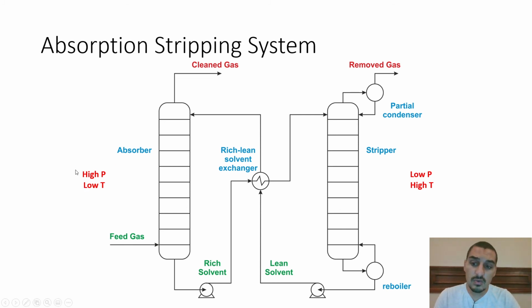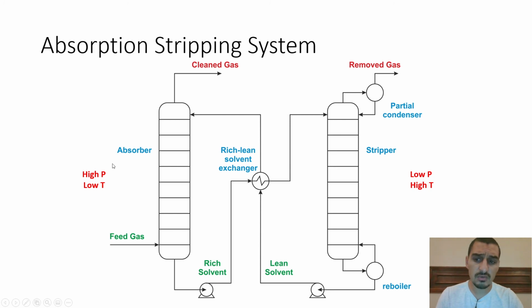It should also operate at high pressure, and this high pressure increases the driving force, so it increases the partial pressure of the solute in the gas phase, so it increases the mass transfer rate, so it makes the absorption process quicker than it would be at low pressures.